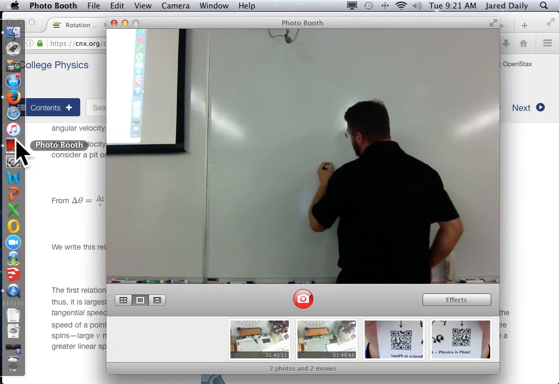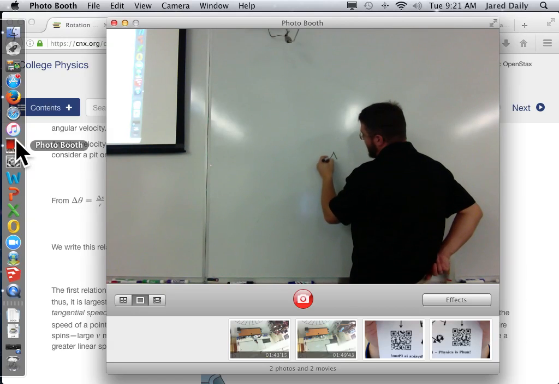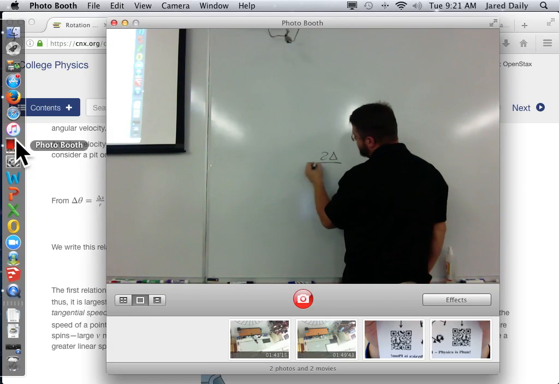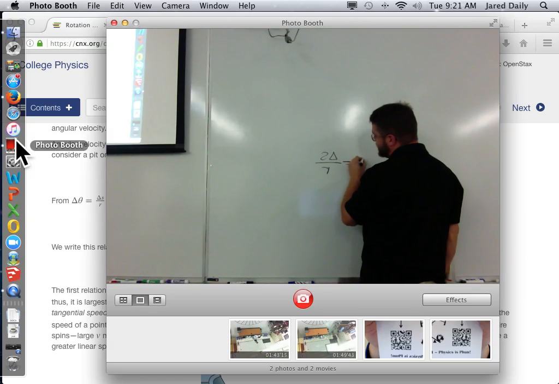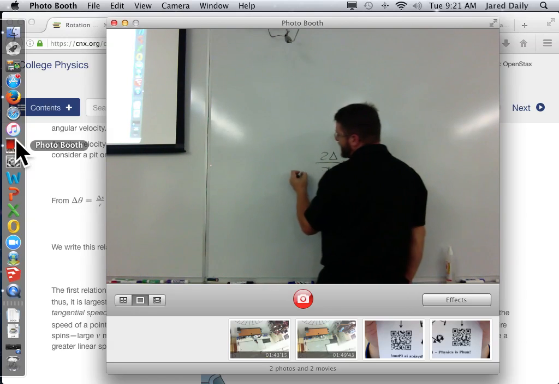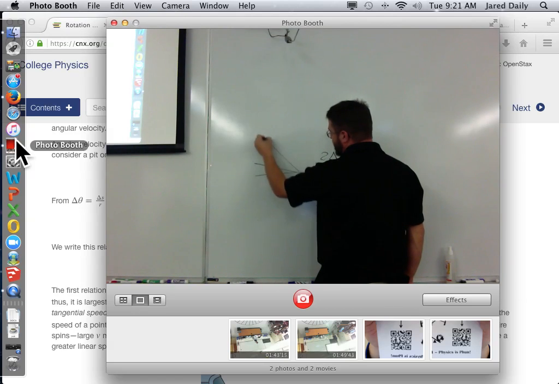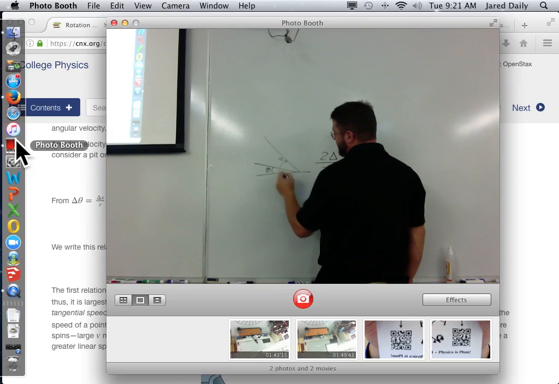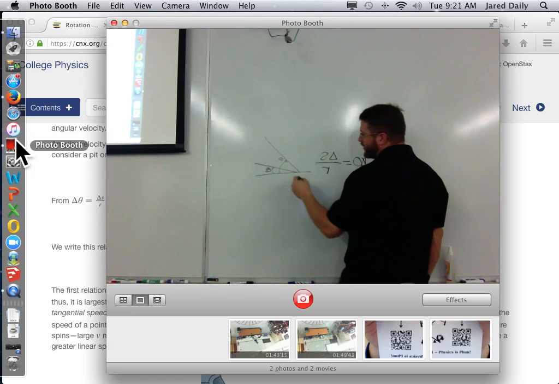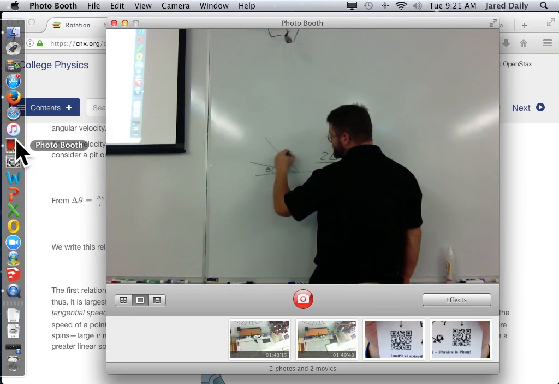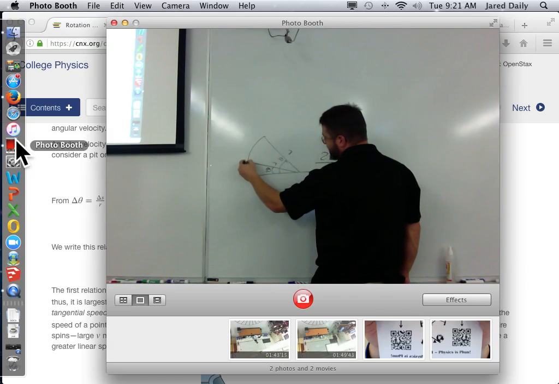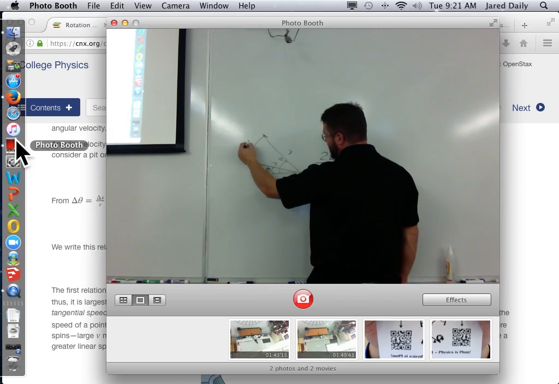So we have this one equation that says delta s over r equals delta theta, which means if I go from one angle, theta naught, to another angle, theta, at a particular radius r, then the distance traveled is delta s.